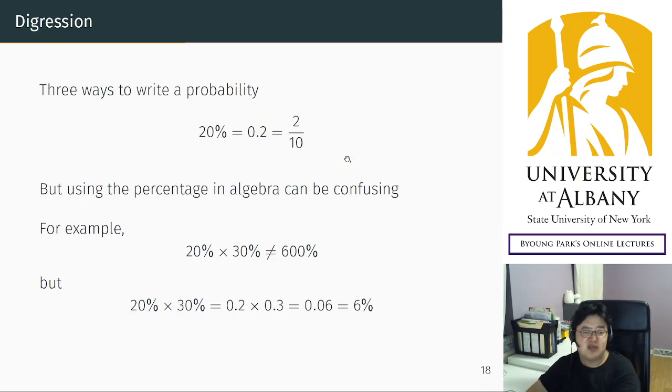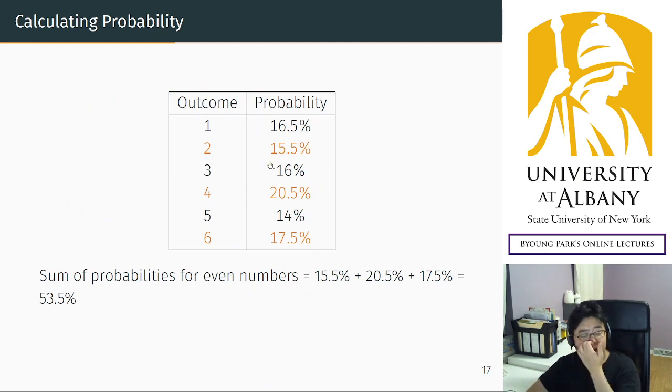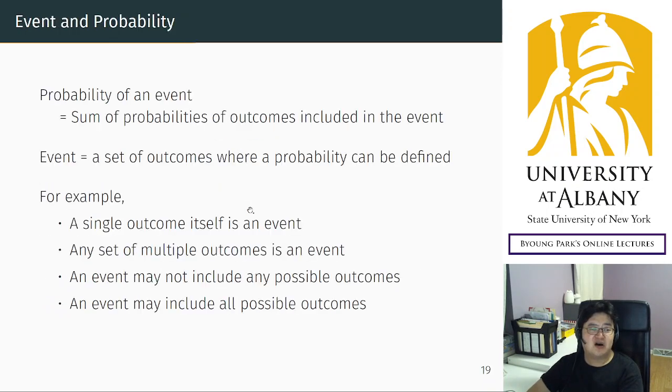Anyhow, going back to the example, calculating the probability for an even number is simple, but think about this event. We are assigning the probability to not a single outcome. Even number is not a single outcome.